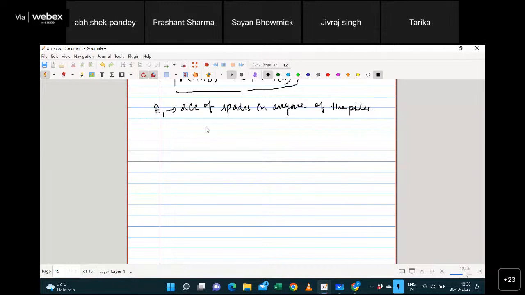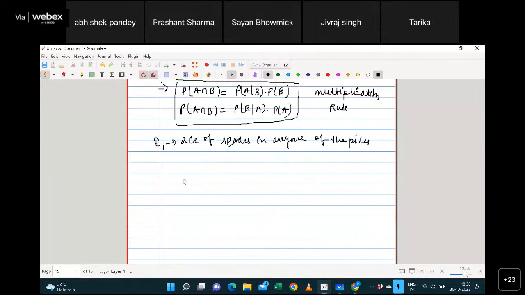Right. So suppose I had 4 piles, right? Let's say P1, P2, P3, P4, with 13 cards each. So what is the statement? Ace of spades is in any one of the piles, right?